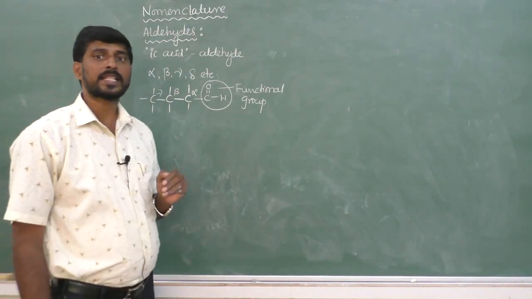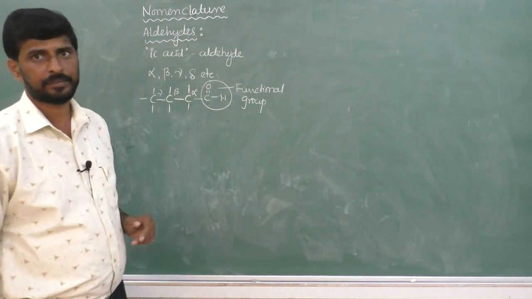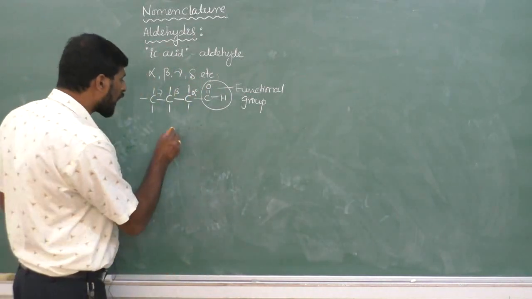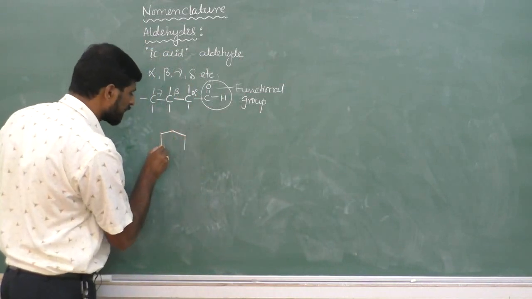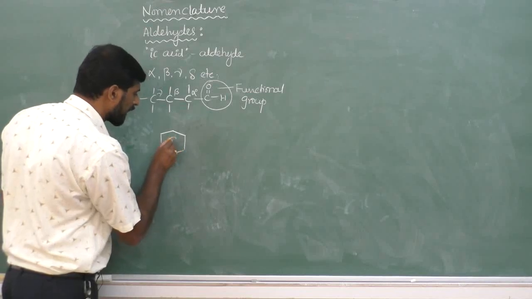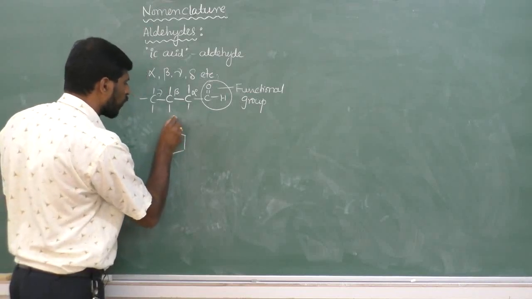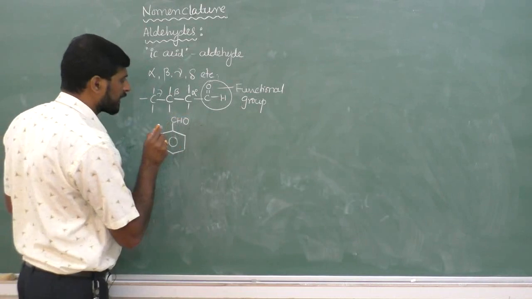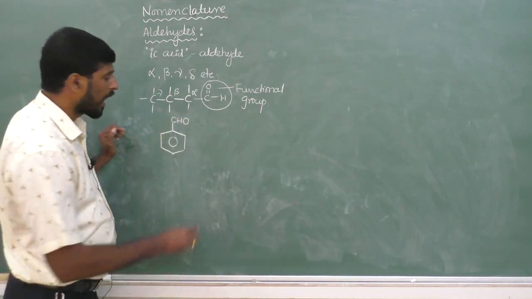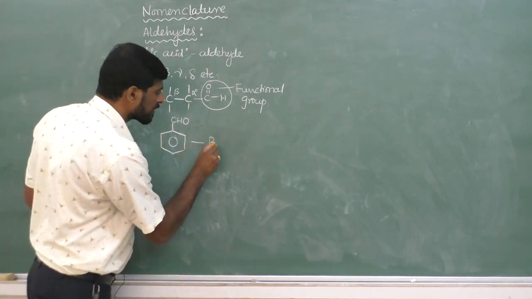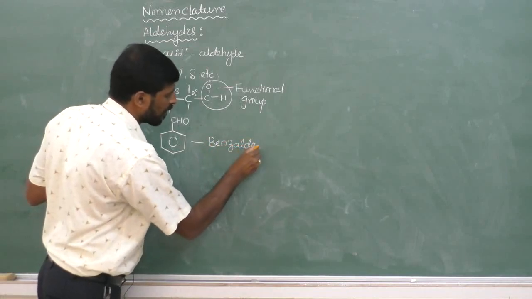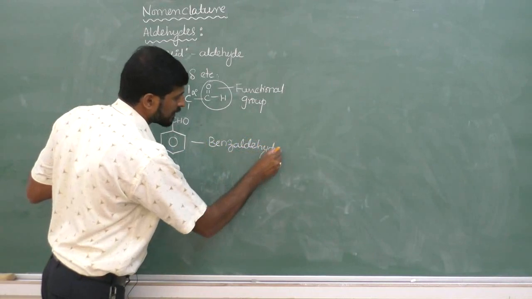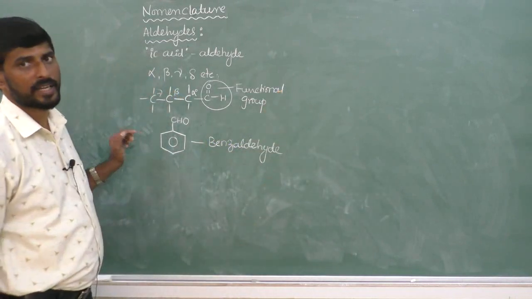Suppose in the case of aromatic aldehyde, a benzene ring containing a CHO group is known as benzaldehyde in the trivial system.